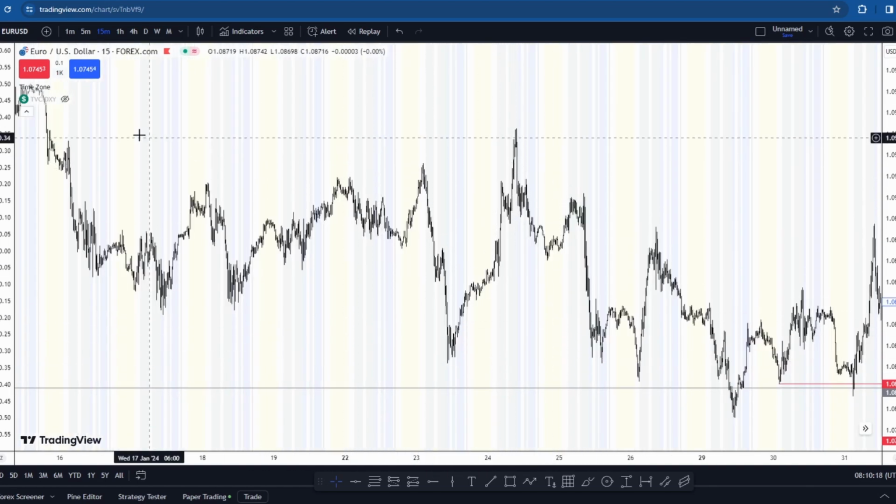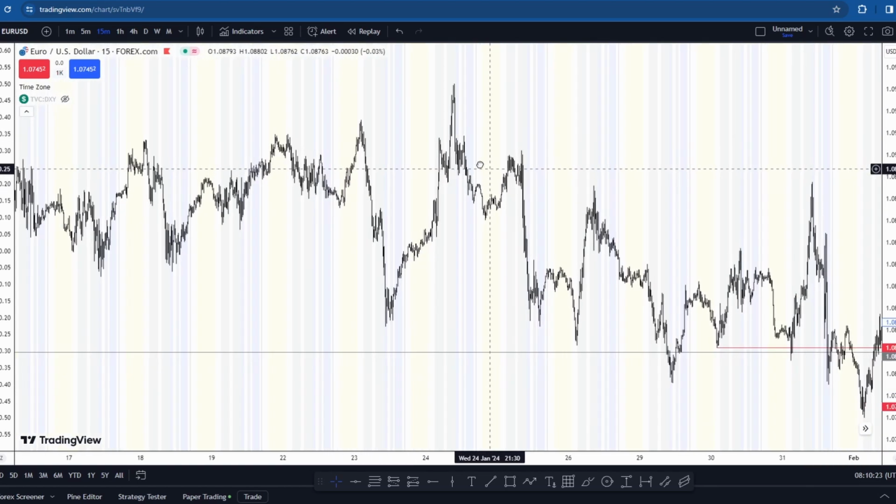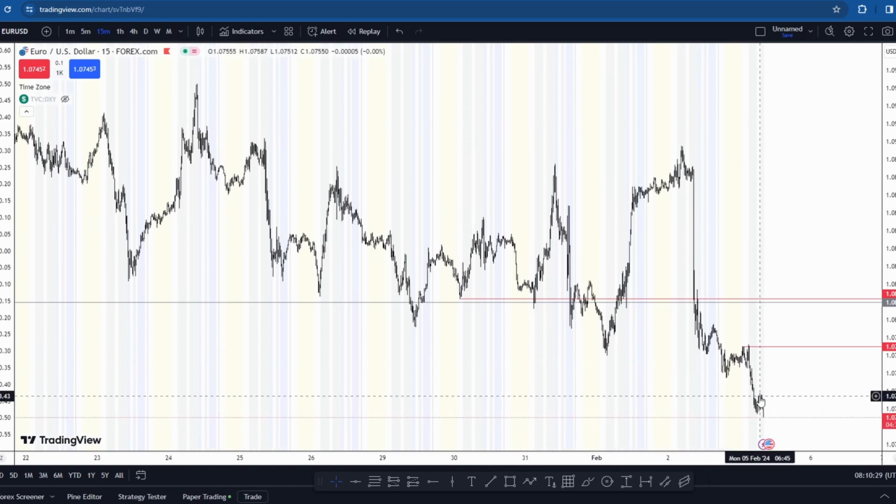But if you take a trade from the buy side liquidity like this, you can ride the whole trend till over here, and you can make a lot of money from that. This happens every time, but if you're with the order flow, you can make much more money with this strategy.